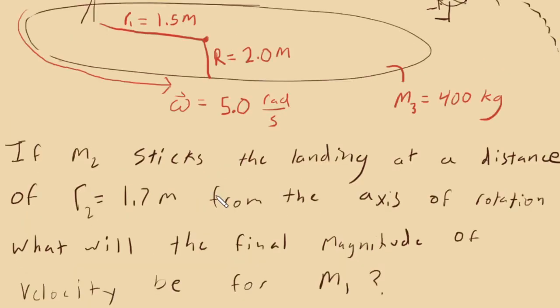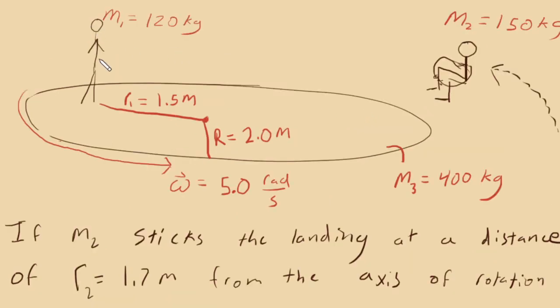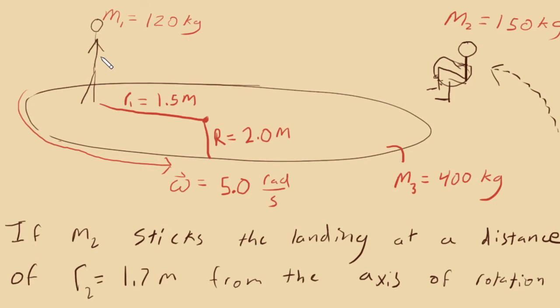So what we're being asked is, if this person lands on the merry-go-round as it's spinning at 5 radians per second, what will this person's final velocity be, his or her tangential velocity standing on this disc? Well, first, it will be easier to find our final angular velocity before trying to find the tangential velocity of this person.